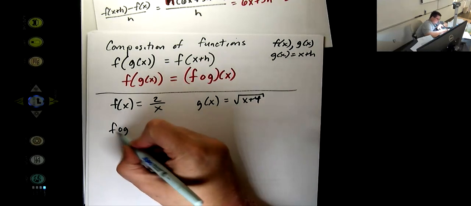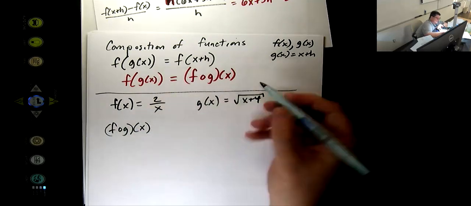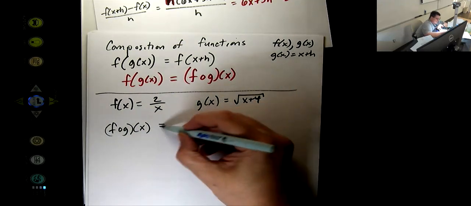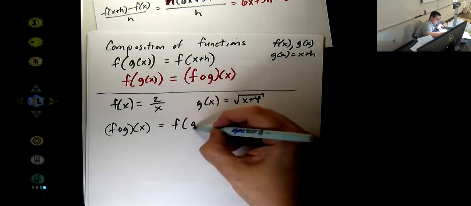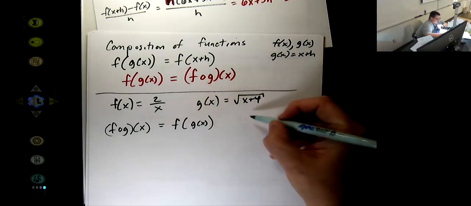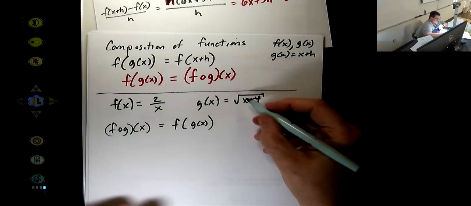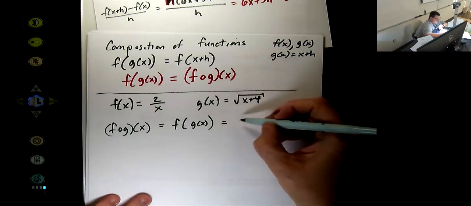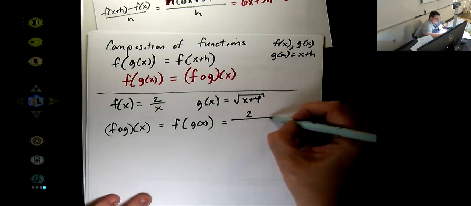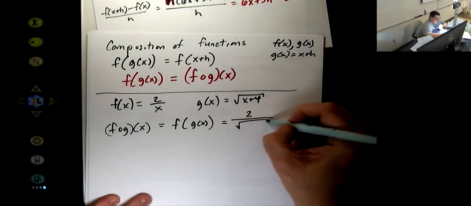If I do fog x, f of g of x, this is putting g of x inside of f wherever x shows up. This would be 2, and we're going to replace x with the square root of x plus 4.